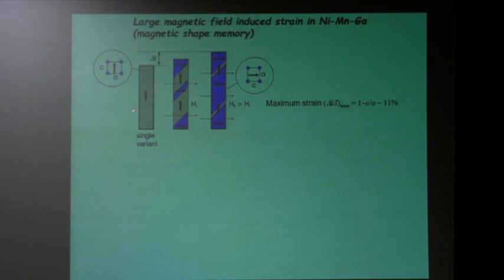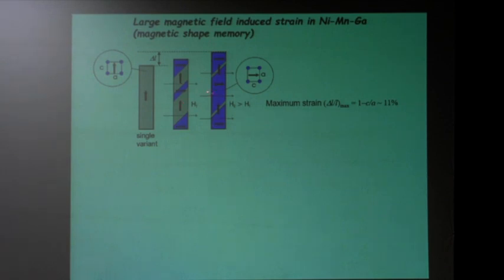And then we apply a magnetic field to this. When we apply a magnetic field, what happens is that we start growing these blue parts which have a magnetization along this field direction. So these blues grow at the expense of these grays.